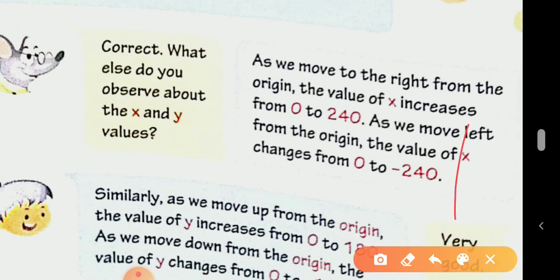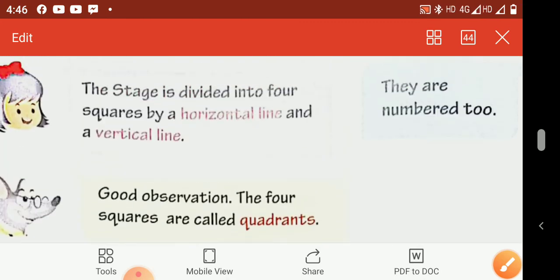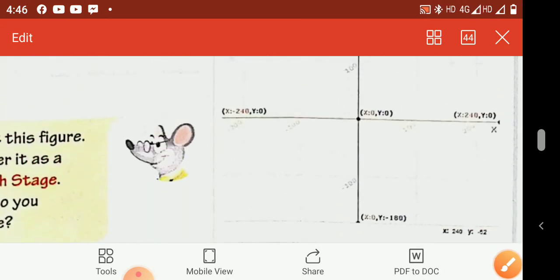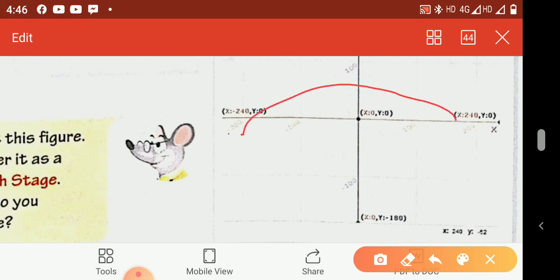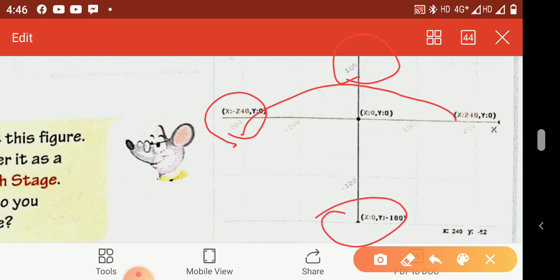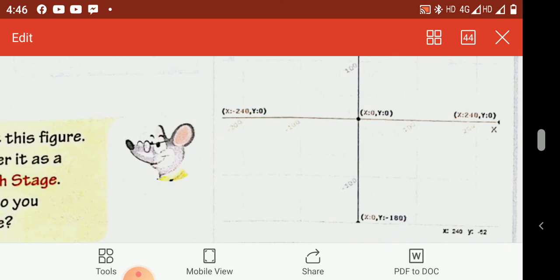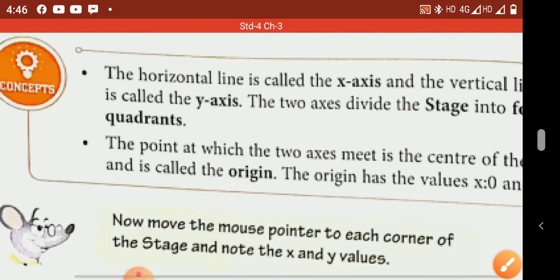You can see in this picture, moving from right side to left side, x changes to minus 240, and moving from the top to the bottom, y changes by minus 180.